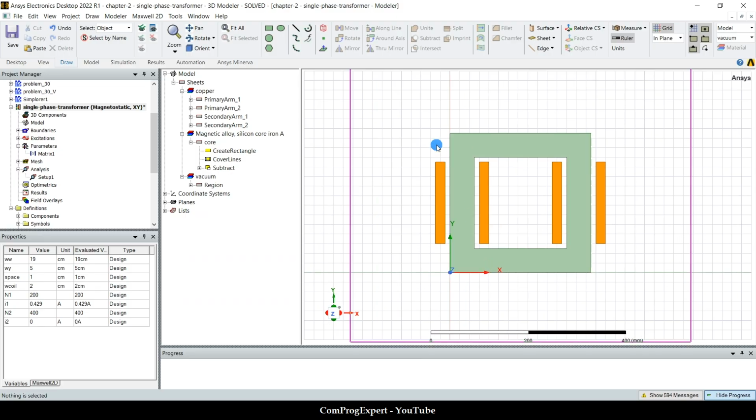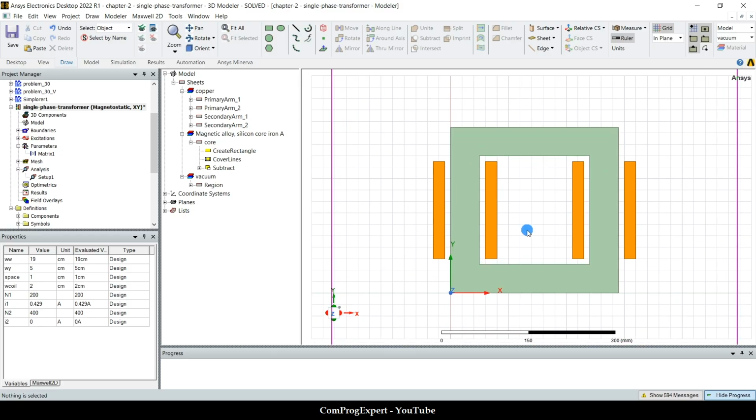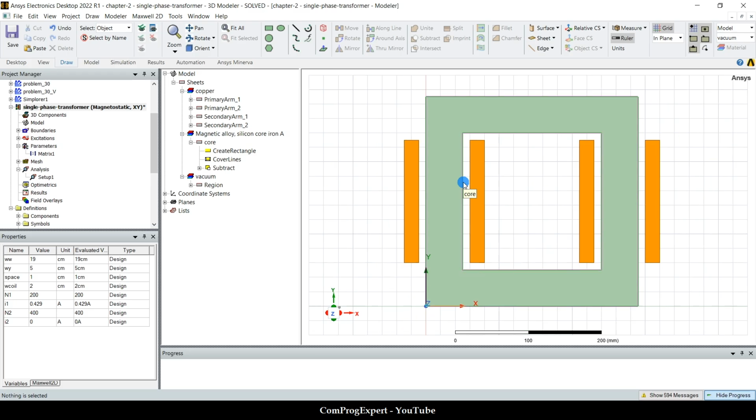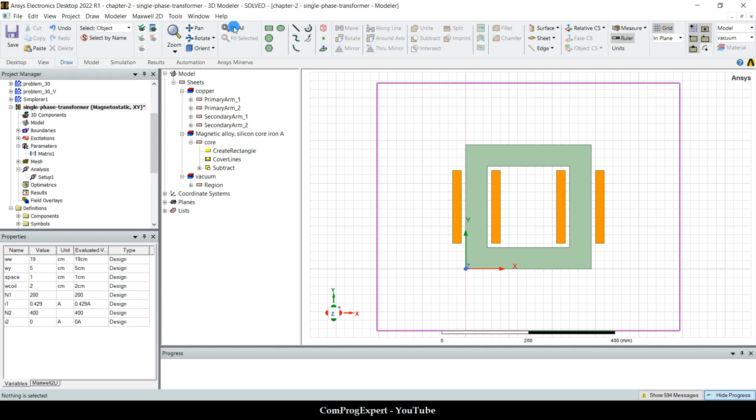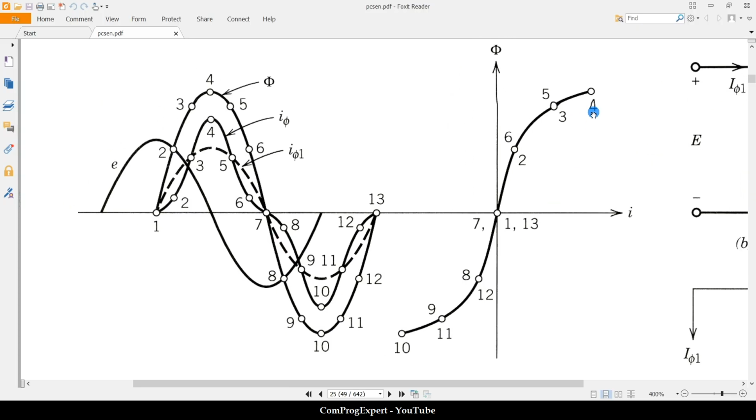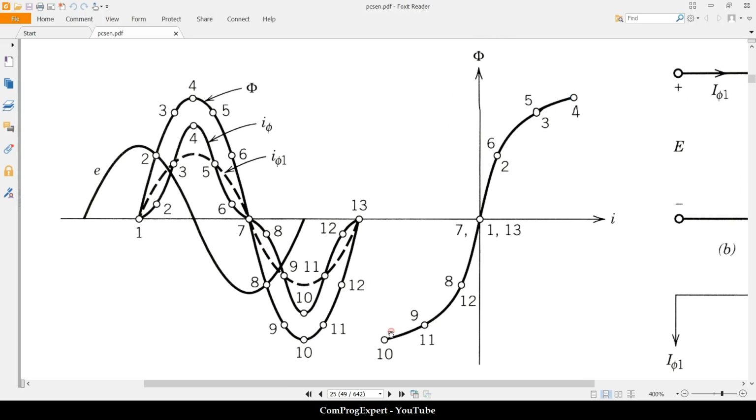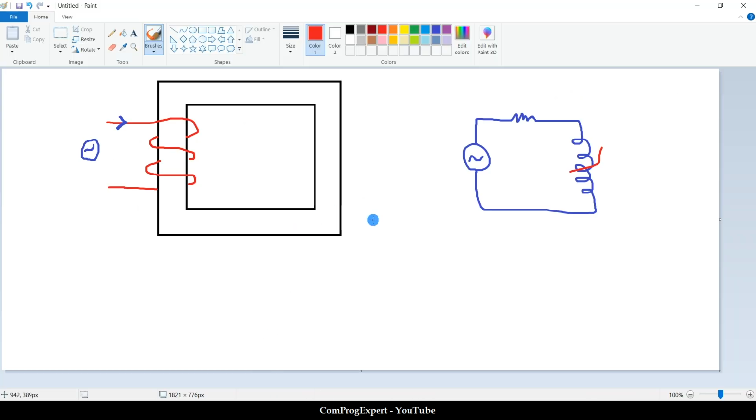Here we have the ANSYS Maxwell model of the problem that we created in chapter 1. So I'm going to calculate this curve first, and I'm going to do this simulation.